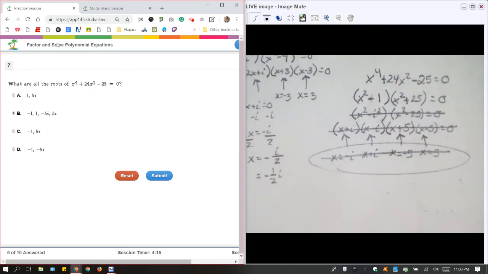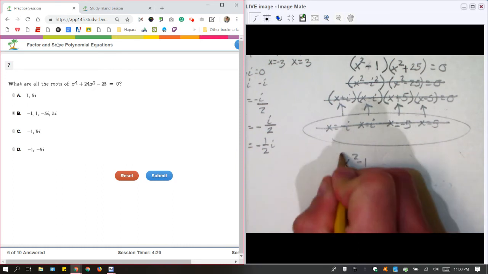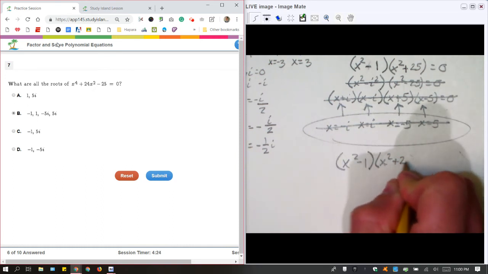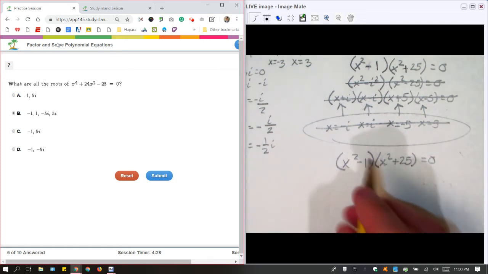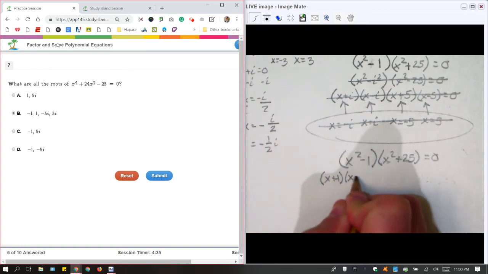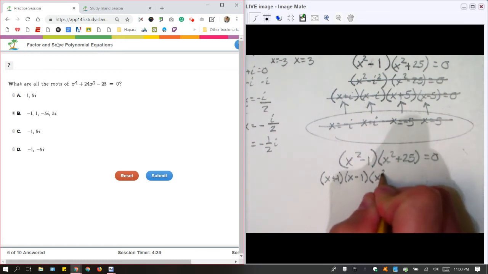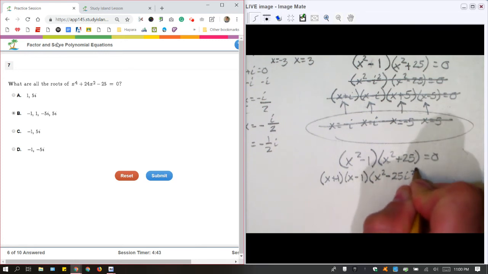Go back down here. We've got x squared minus 1 and x squared plus 25 are equal to 0. So this is already the difference of two squares. The square root of x squared is x and the square root of 1 is 1. So that's going to be x plus 1 times x minus 1. And I'm turning this into x squared minus 25 times i squared.